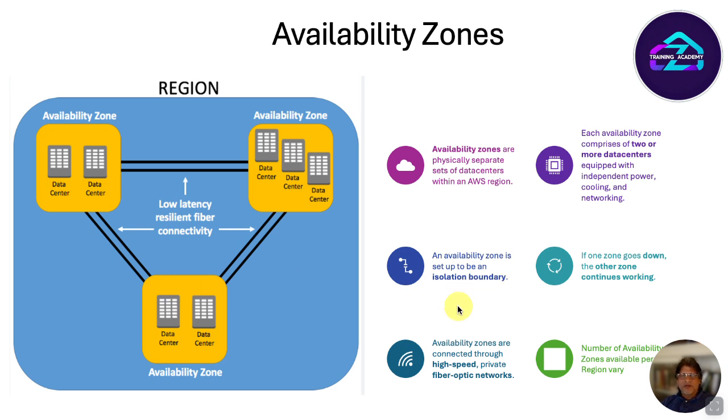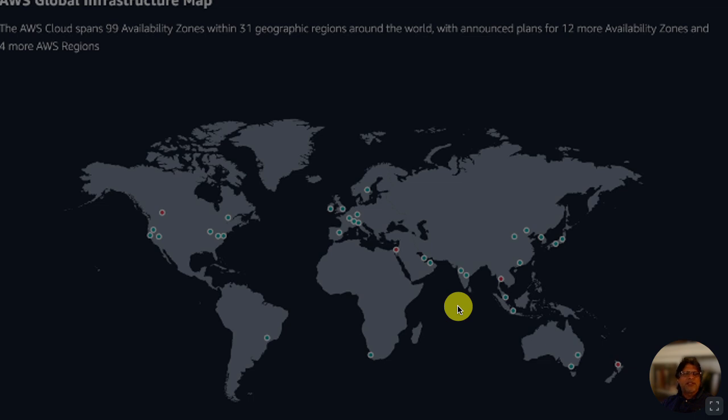Now let's have a look at the next slide. You can see this is a global map of the AWS infrastructure, right? So you can see there is US West, for example, and US East. There is one planned in Canada over here. There's another one in Canada over here as well. There is one in South America. There are quite a few in Europe.